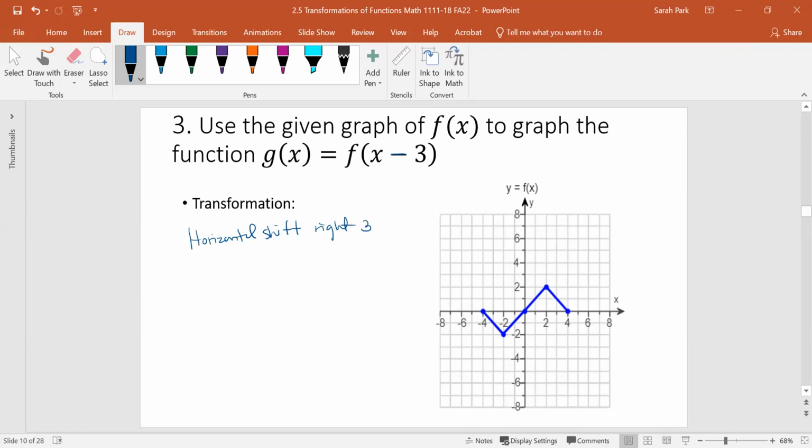Okay, so what would this look like on a graph? You take each point and shift it right 3 units. That point would shift right 3 units there. This bottom point would shift right 3 units. This middle point, if we took it right 3, would land there. This upper top point would shift to the right 3, and this last point would shift right 3.